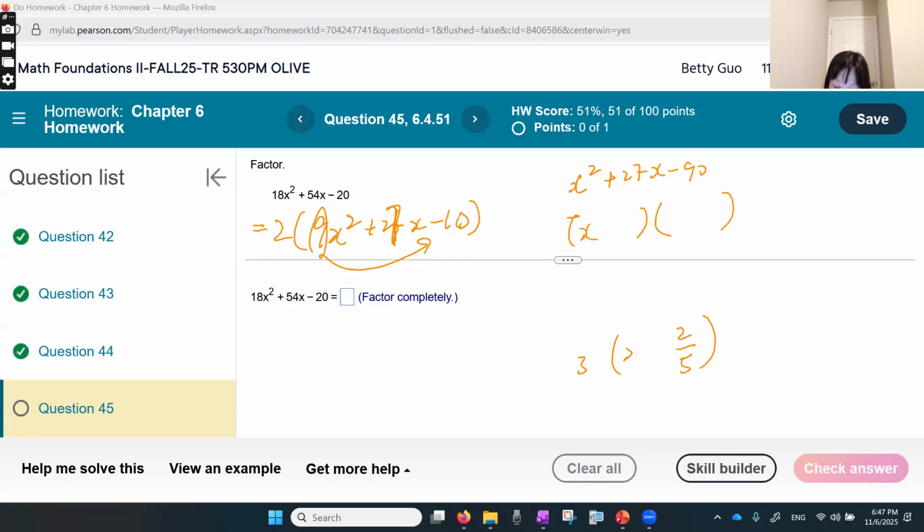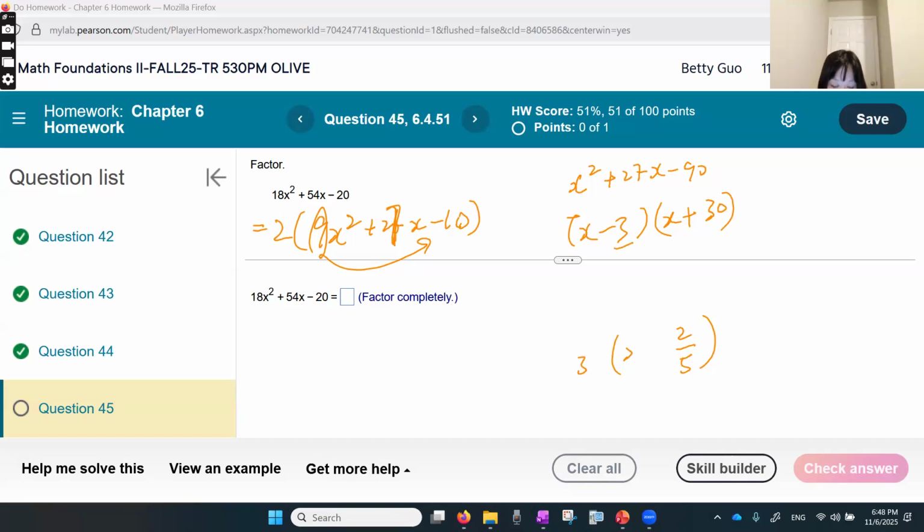We need two numbers, one positive and one negative, and the positive has the bigger absolute value. Let's think. 9 times 10, 3 times 30. Yes, 3 and 30: positive 30 and negative 3 multiply to negative 90 and add up to 27. 30 minus 3 is 27, right?